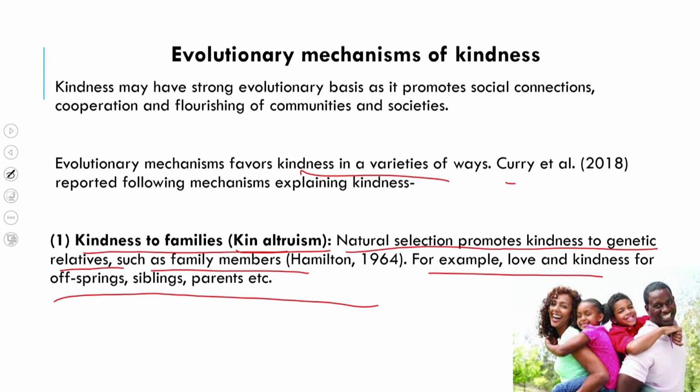It is a natural selection process promoting certain behaviors so that our genes could pass from one generation to the next. That is kin altruism. That is why we always first try to help people who are very close to us, maybe family members, offspring and so on. So, this is one expression of it.